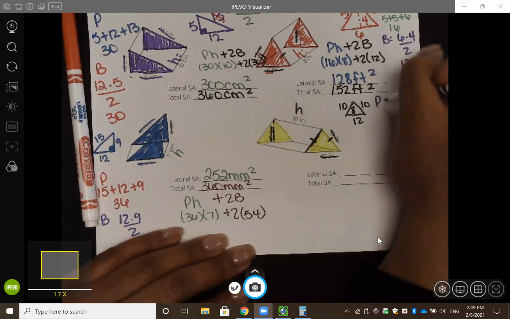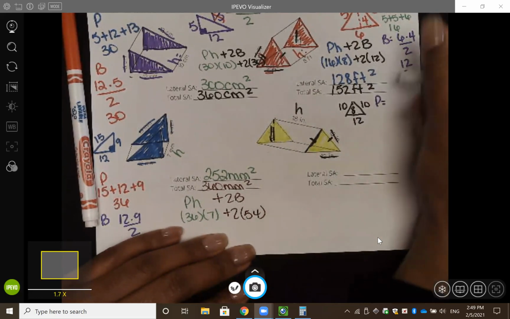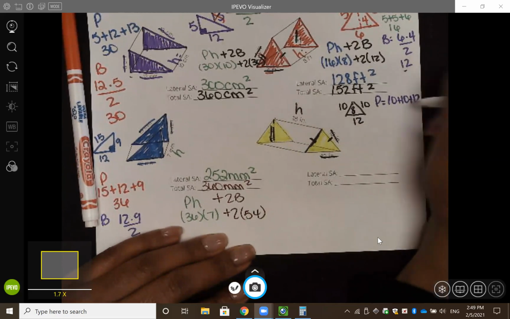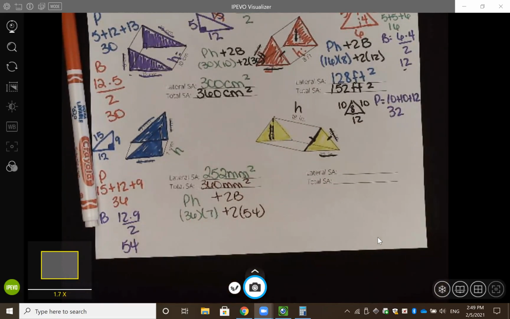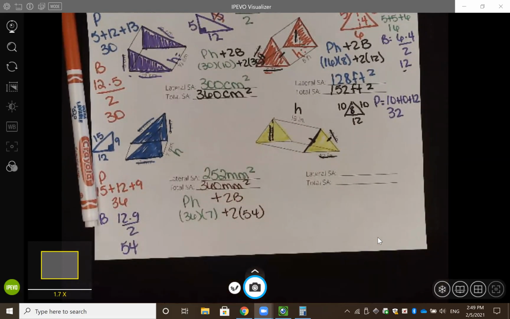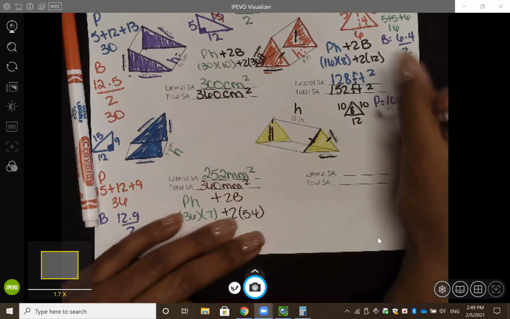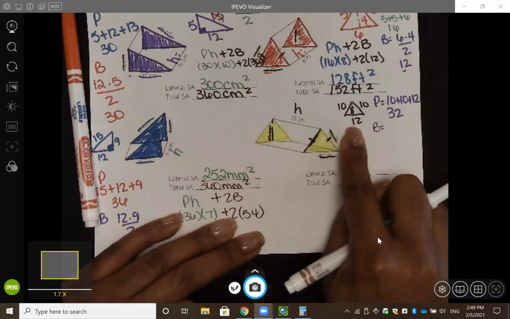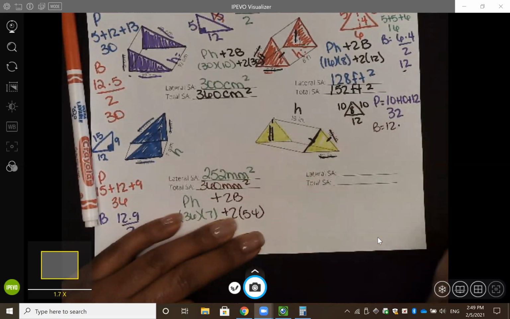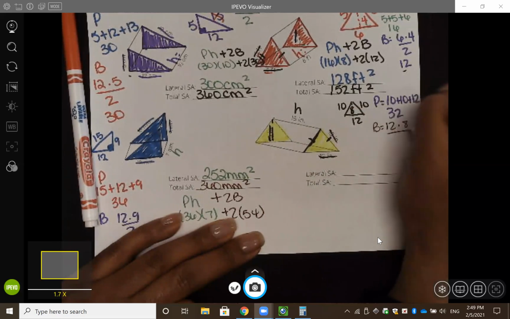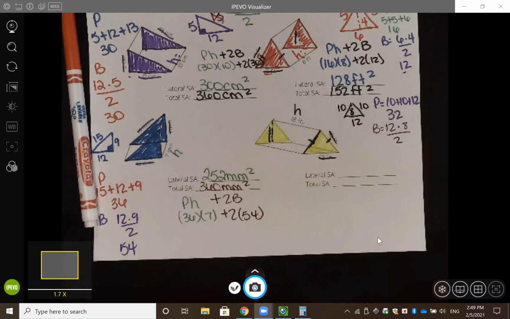My perimeter, I am adding the 3 sides of the triangle. So 10 plus 10 plus 12 is 32. My height is over here and my big B is the bottom of the triangle times how tall the triangle is, which is that 8. And then I'm going to divide that by 2.